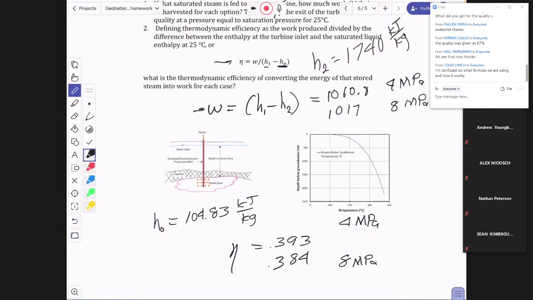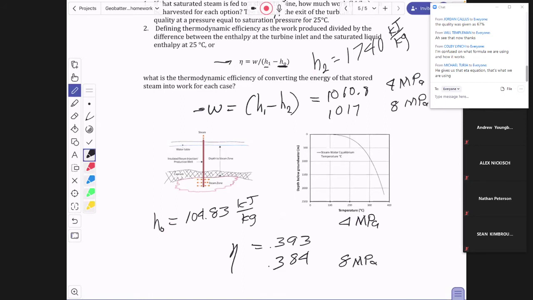So if I look at the temperature at 25 degrees on the saturated water tables, I find that the liquid internal energy is 104.83, the liquid enthalpy is 104.83. Both of those are listed in table A4, the saturated water temperature table. Perfect. Thank you. You're welcome.